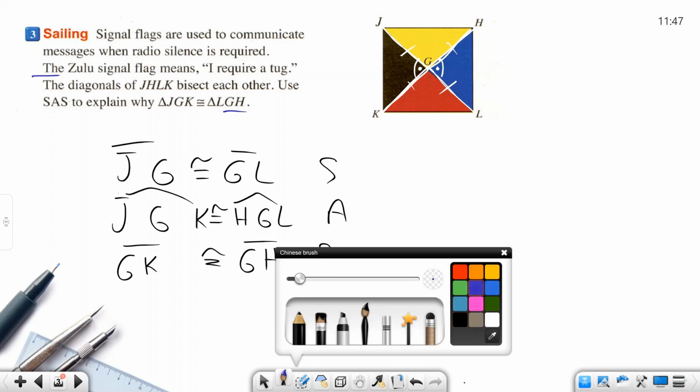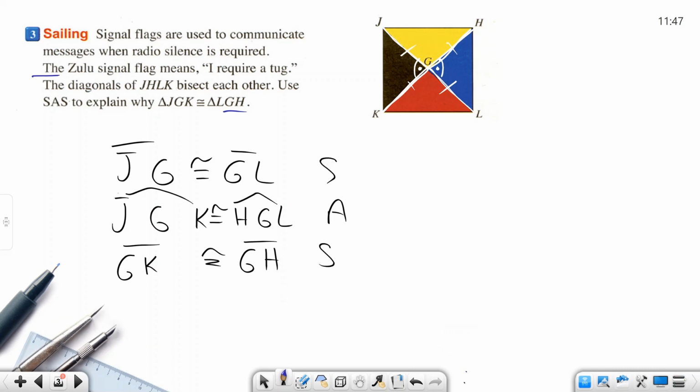So let's check it again. JG, this mark, is congruent with GL, first side. Second one, angle. So this angle is congruent with that one. So let's use black here, maybe it's better to see.